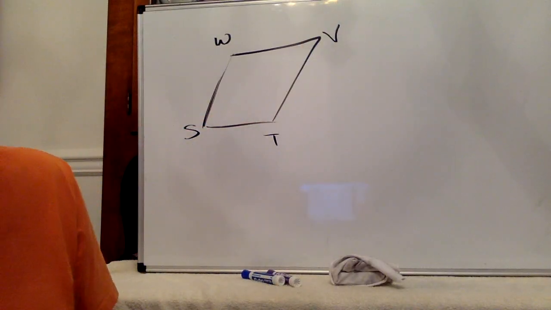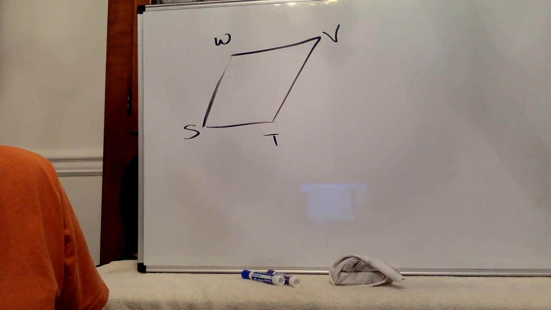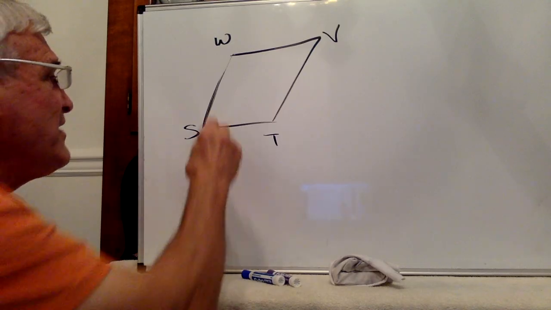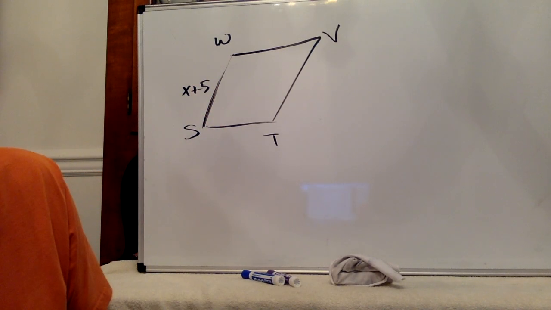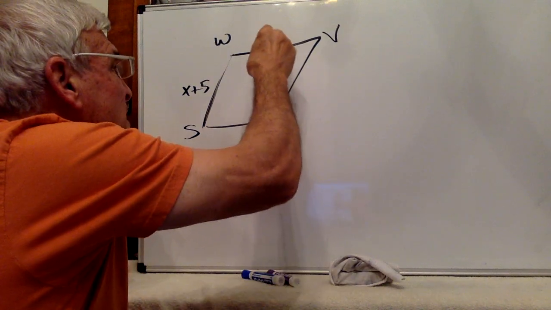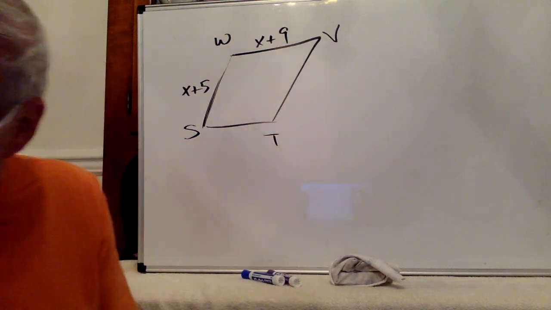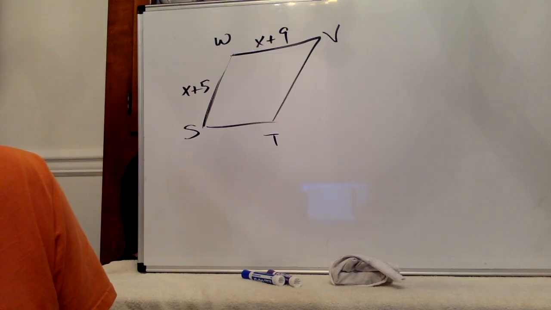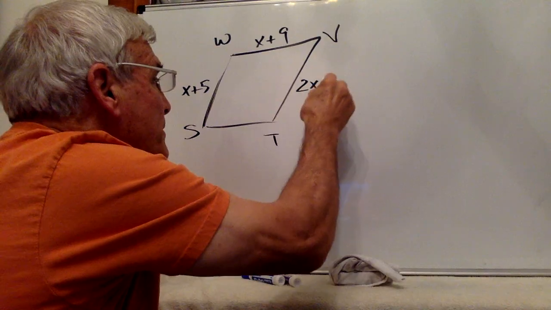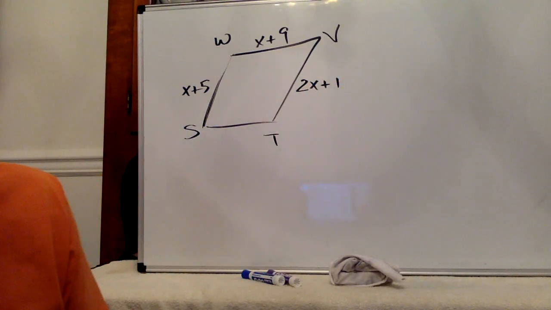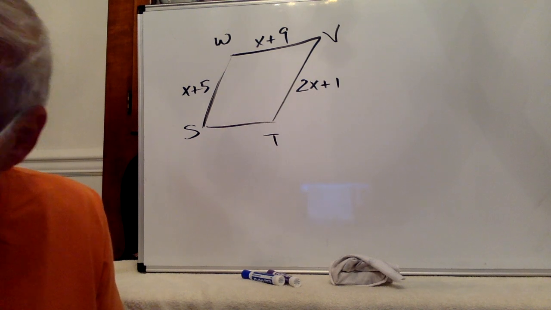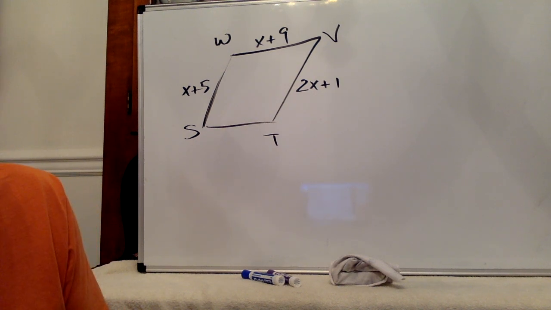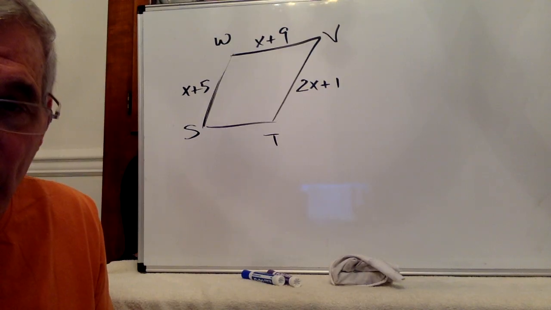And you were given that WS is x plus 5, WV is x plus 9, and you were told that VT is 2x plus 1. And in problem 5, this is not a proof, it's a find. Whenever you see the word find, it's numerical. They said find the perimeter of the figure.